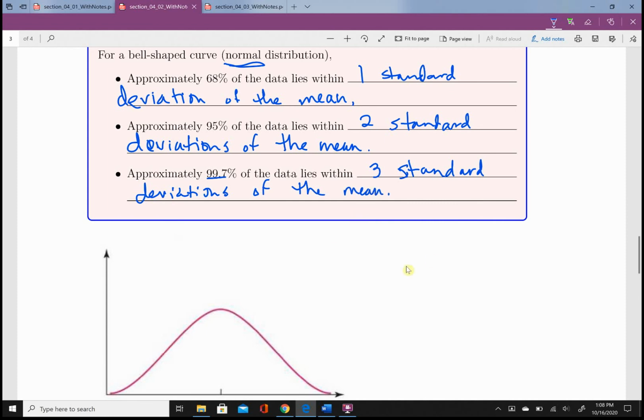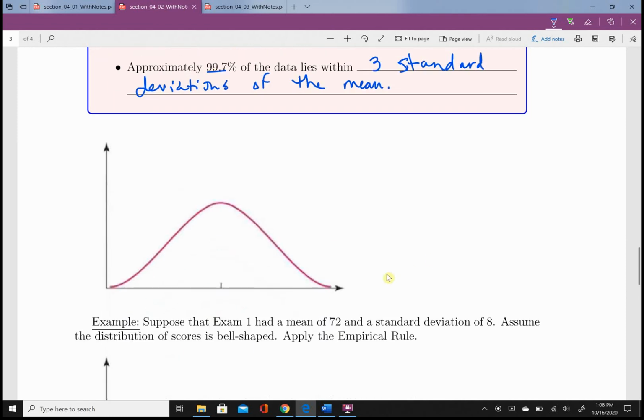Cool. So let's have a quick visual here. Right here where this tick mark is, that's going to be the mean. And then 68% of the data. So let's say we have one standard deviation distance here and here. Here's 2 standard deviations, and here's 3, something like that.